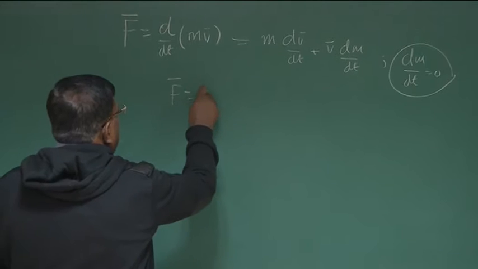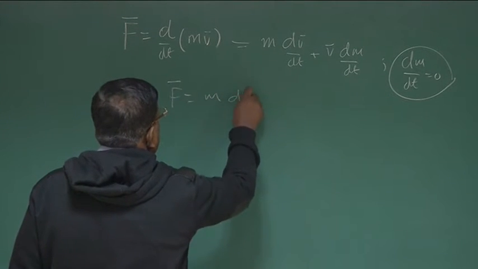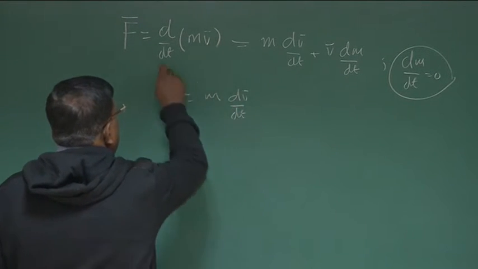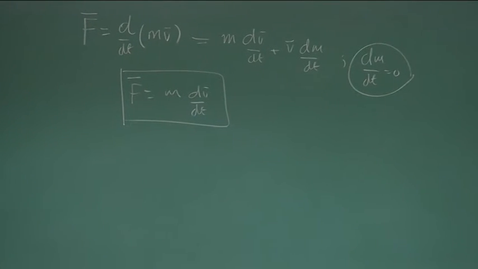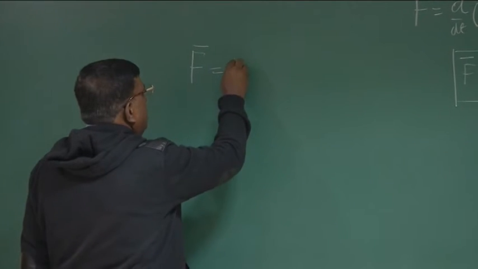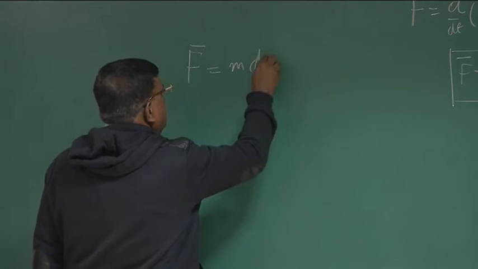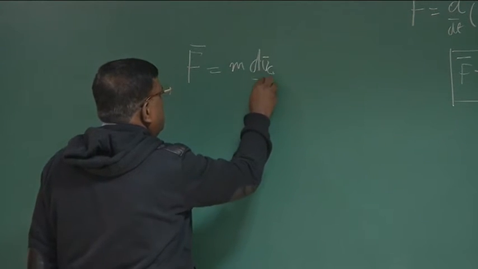F equal to m dv by dt, and based on this we developed a further equation. We wrote F equal to m dvc by dt.